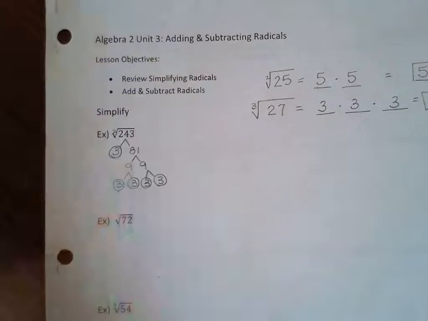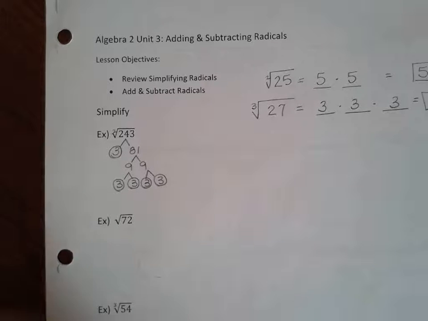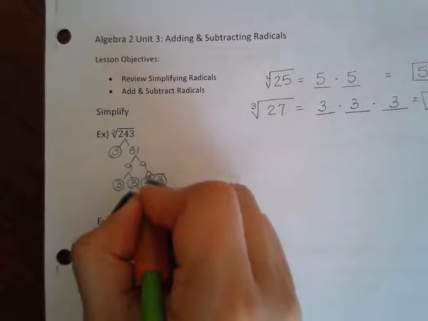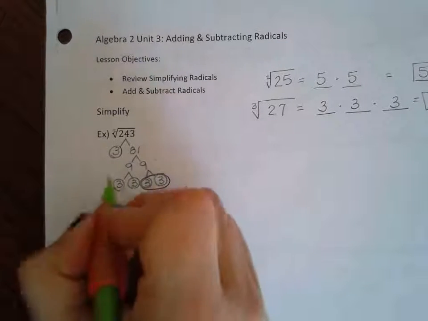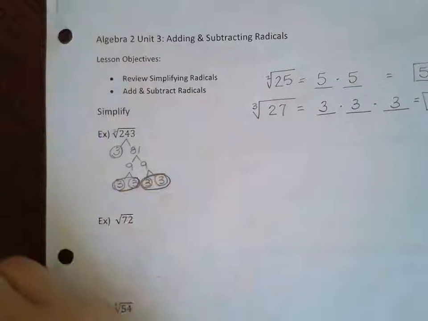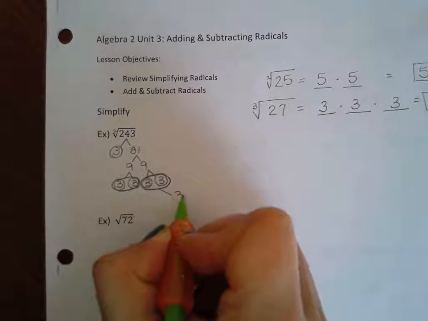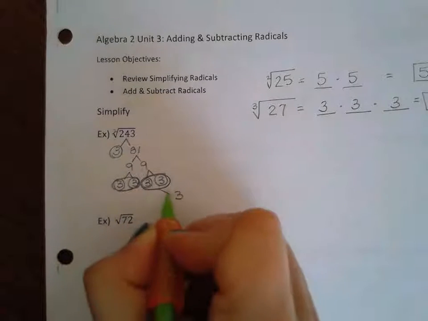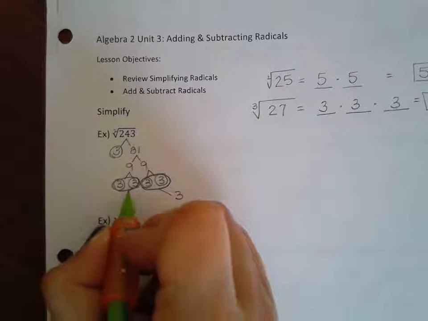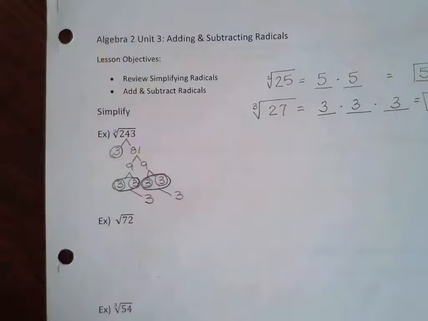Since that's a little 2 there, I'm looking for 2 identical numbers that when you multiply them will help me get 243. So I start circling groups of 2 of the same thing. So I have a group of 2 right here, and I have a group of 2 right here. Every time I make a group of 2, one of the numbers comes out. So just 1 3 comes out of this group of 2, and 1 3 comes out of that group of 2.